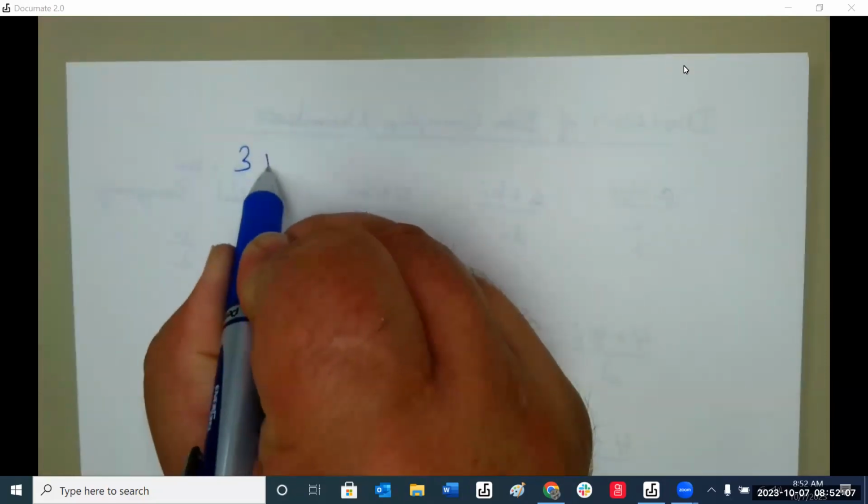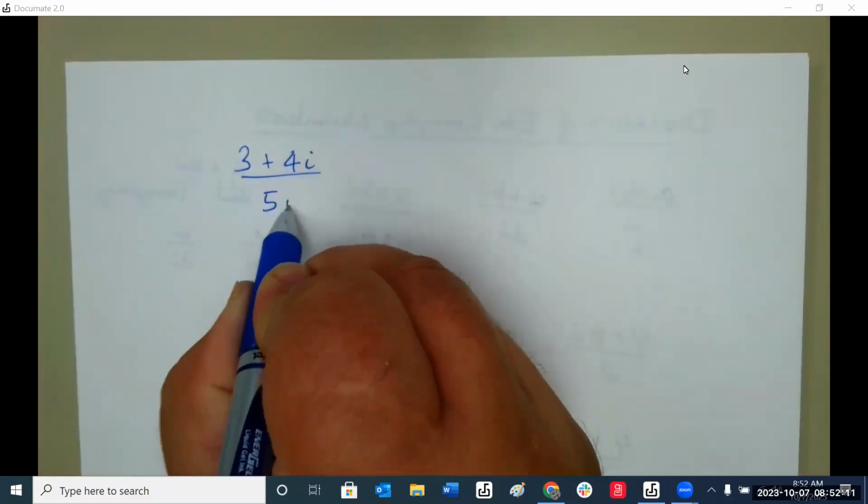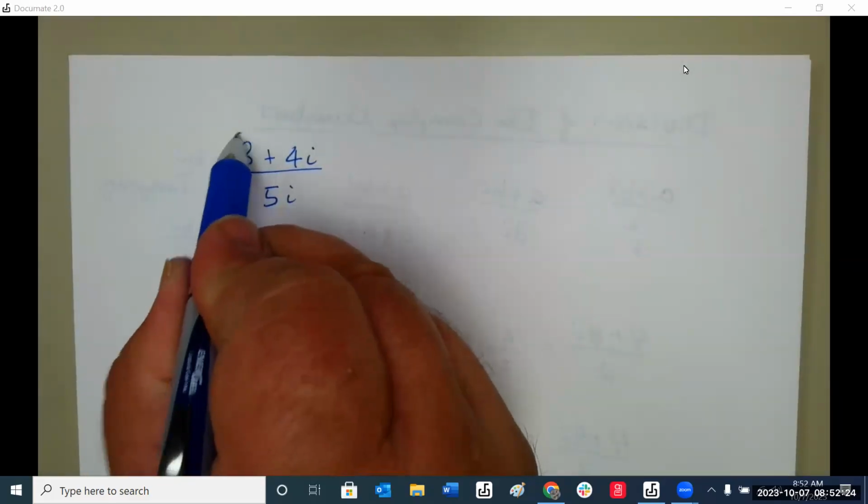Okay, let's say we have a complex number on top with a monomial imaginary number on the bottom. Now you do what? Nope, can't, because this is an equation up on top.